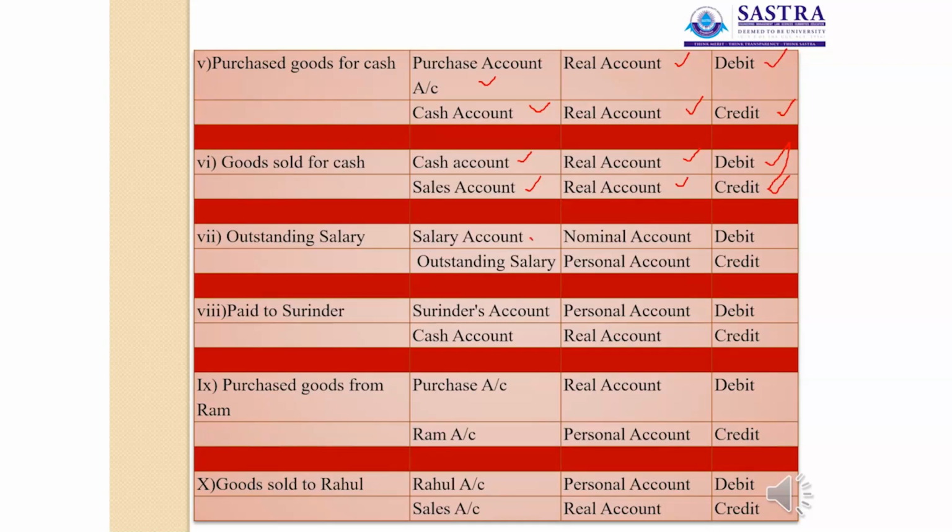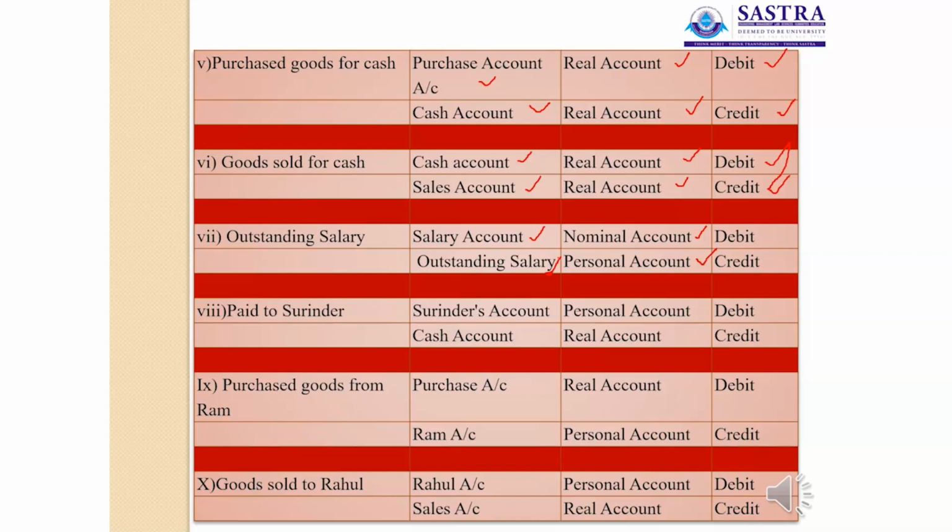Salary account is relating to nominal account. Outstanding salary is one of the liability, so this comes under representative personal account. That is one of the classification of the personal account.